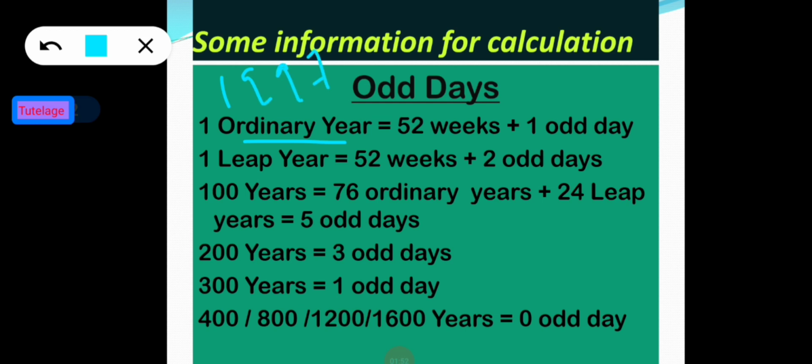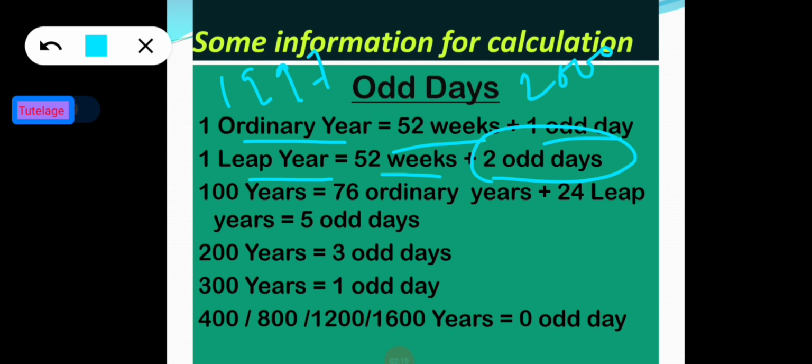So 1997 is an ordinary year. One ordinary year equals 52 weeks and one odd day. One leap year, for example 2000, equals 52 weeks plus 2 odd days.